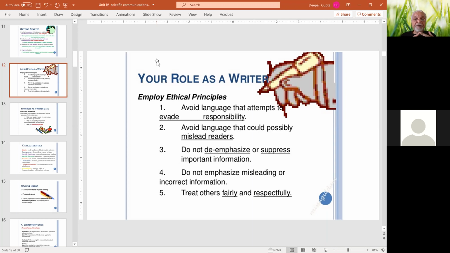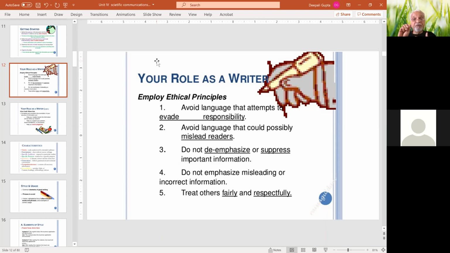So the first point is that whatever you are writing, you should own the responsibility of that document. Your language should not evade your responsibility.